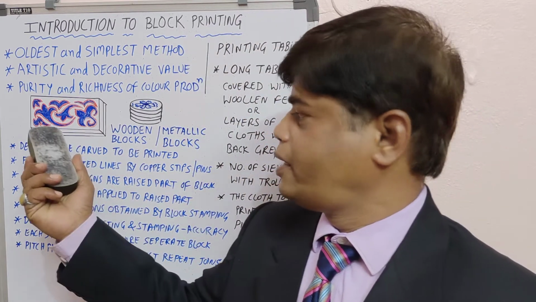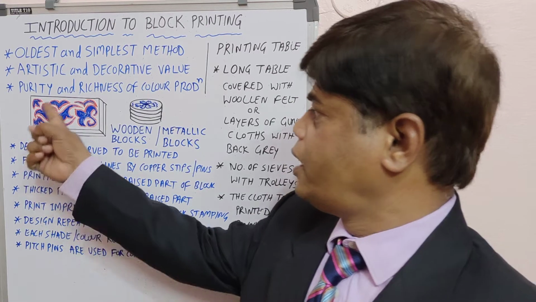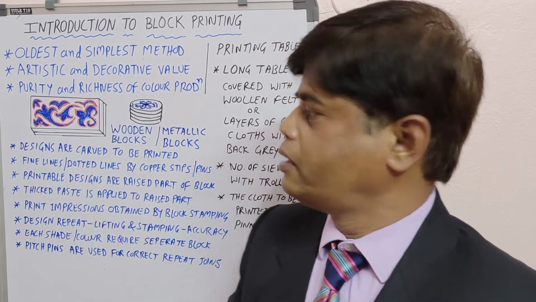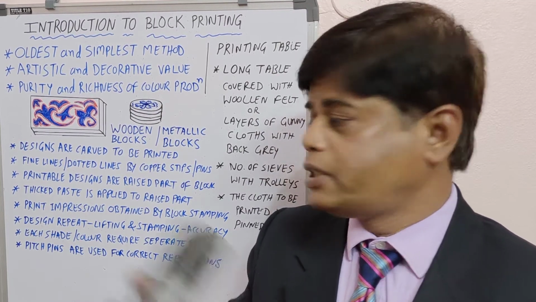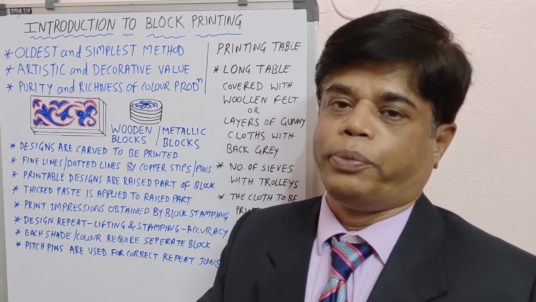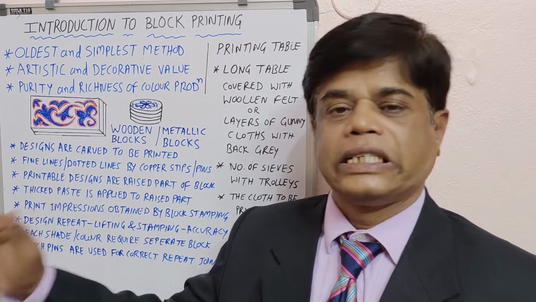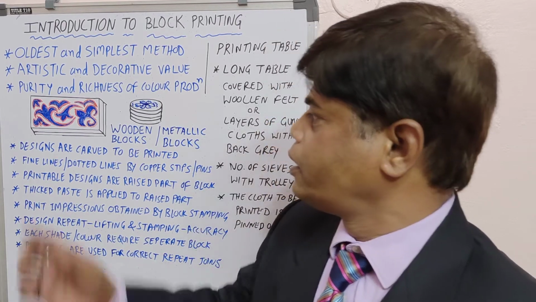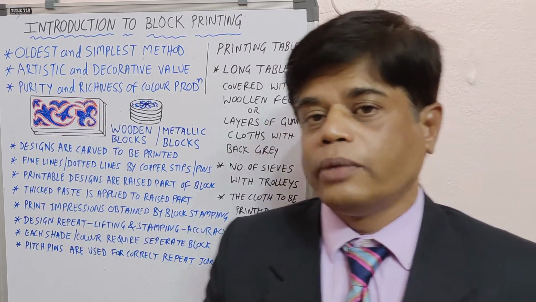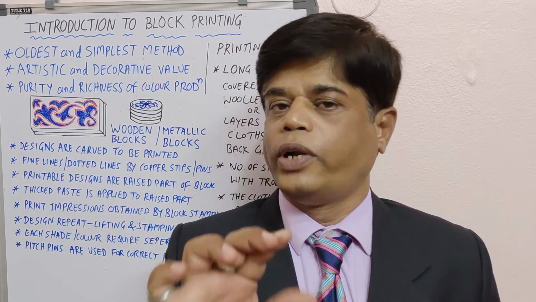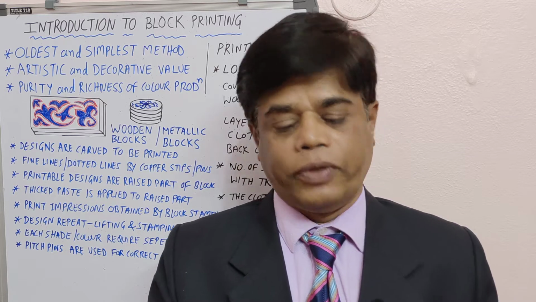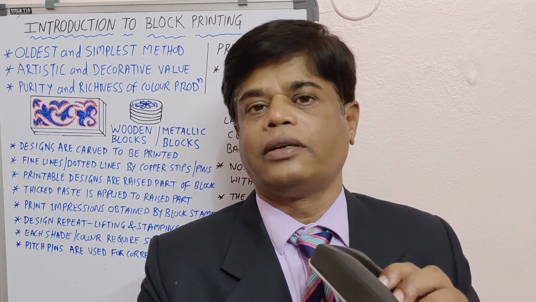See, block printing, here I draw this figure, simple. This is one repeat. This repeat is going to be printed on the textile cloth. How is the block made? The block is made up of wood, with a number of layers, that is timber layers.